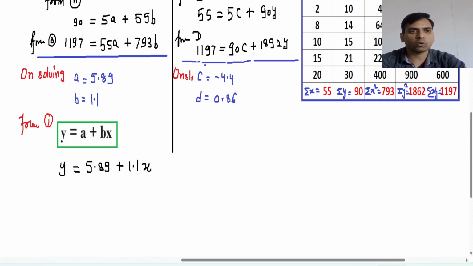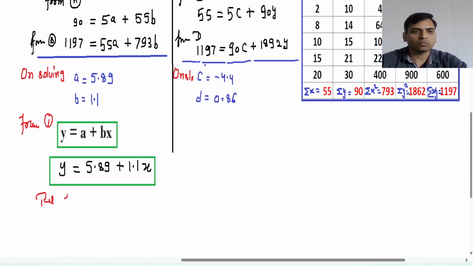So this is the required relationship for sales on the basis of advertisement, which is a relation for y on x.